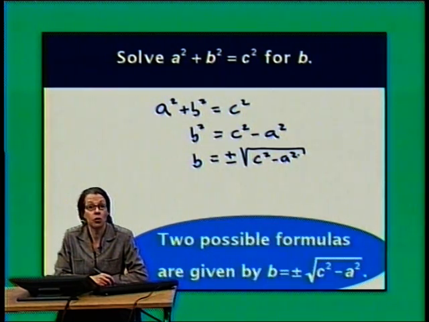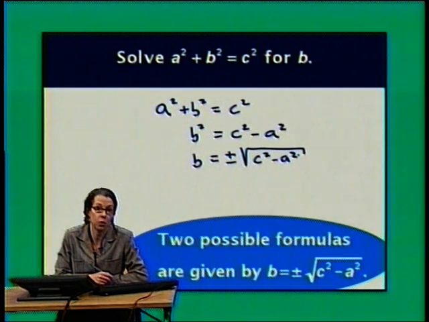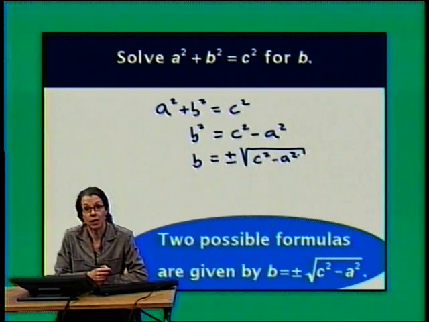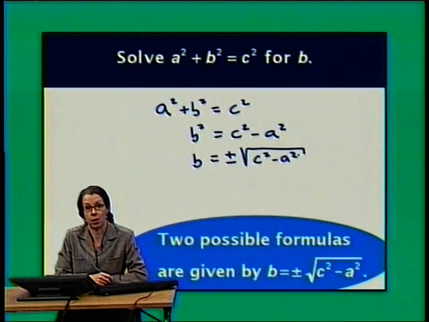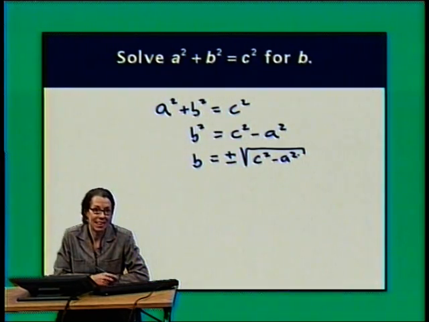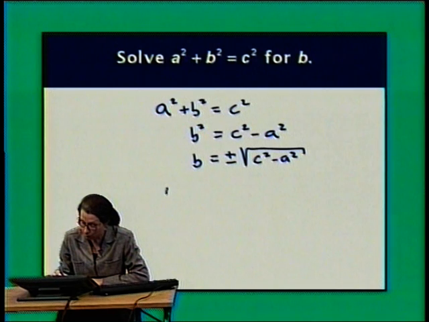And there are actually two possible formulas given by this expression. b is the positive square root of c squared minus a squared, and b is the negative square root of c squared minus a squared. But if b is indeed the length of one leg of a right triangle, then we're only going to be interested in the positive square root here.